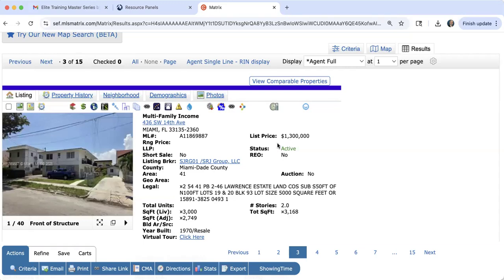And that is your return on your investment on a yearly basis on a gross level.